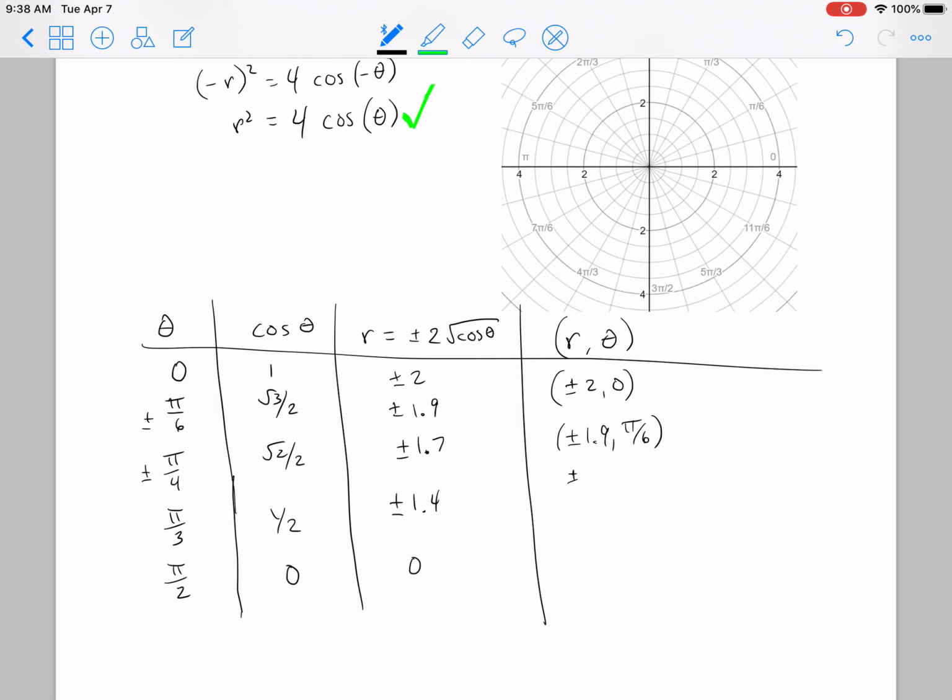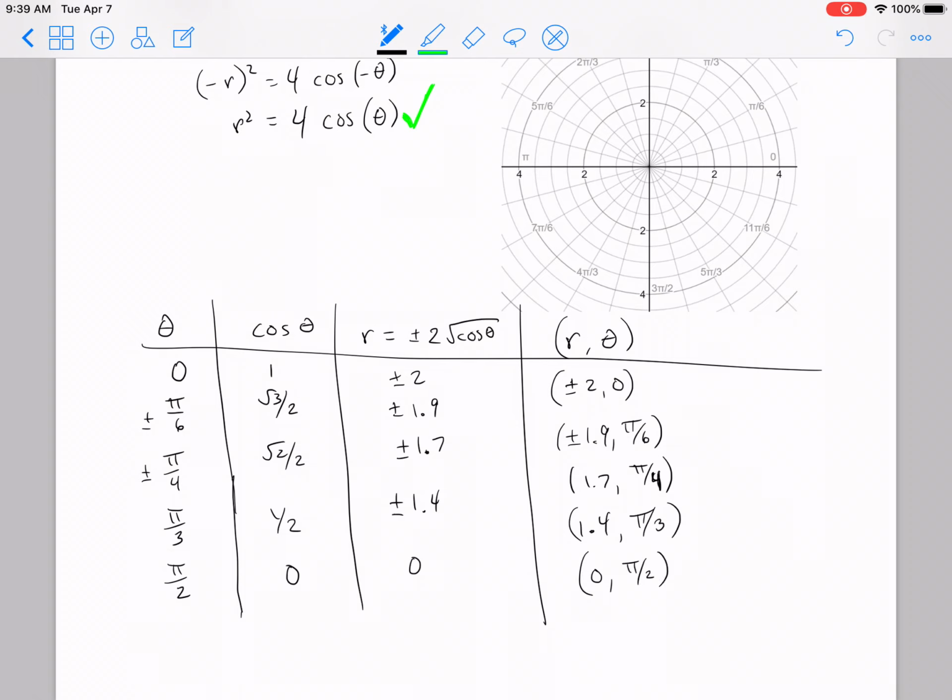So we could be putting plus or minuses on these angles, but again, it's all just the symmetry showing up. So I really don't need to be putting these plus or minuses. Otherwise, what's the point of having found the symmetries, right? So 1.7, pi over 4, 1.4, pi over 3, and then 0 and pi over 2.